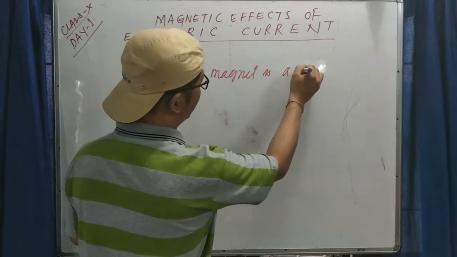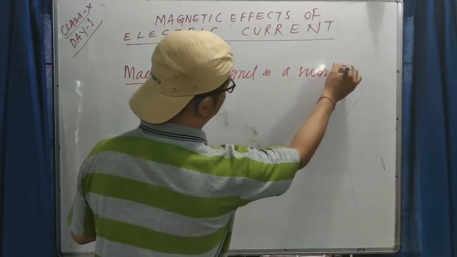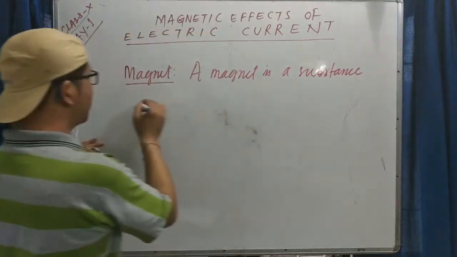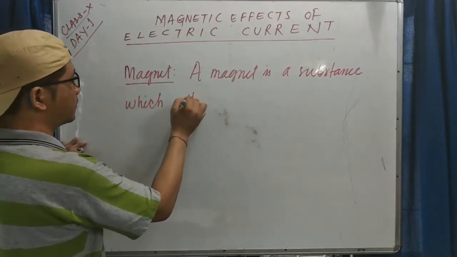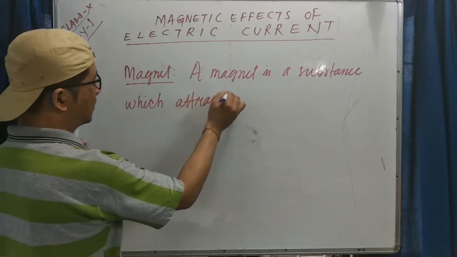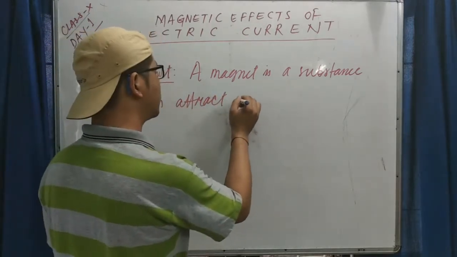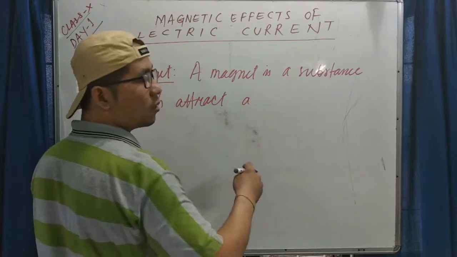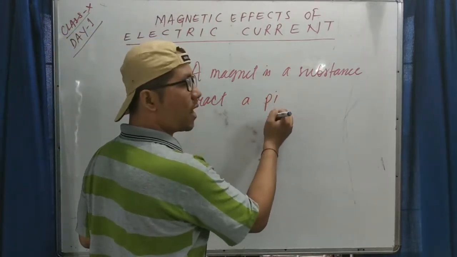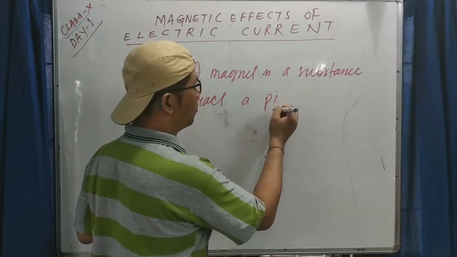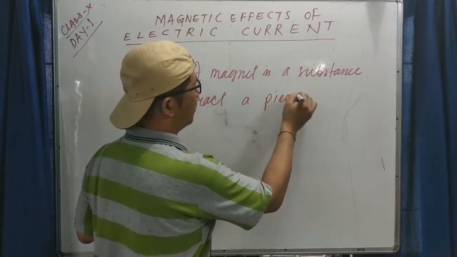is a substance which attracts a piece of iron, or a magnetic substance we can say. But why do we take a piece of iron? Because generally they attract iron.